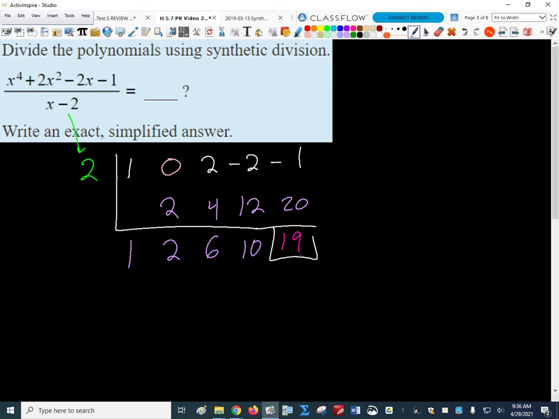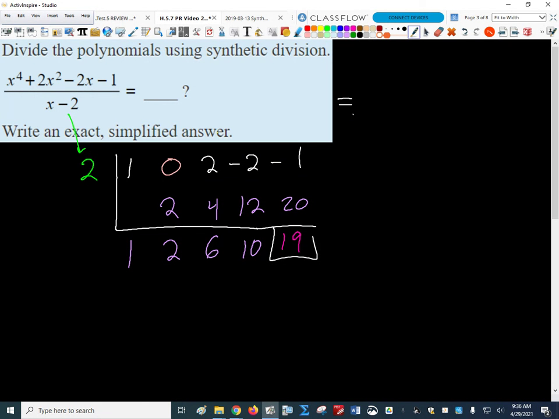Is that what you got? Did I do that right? We get the same thing? So then what's that mean? What's my answer then? So this whole thing is equal to what?